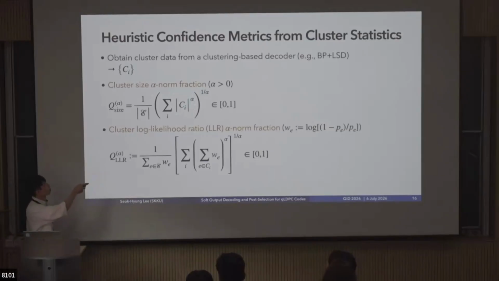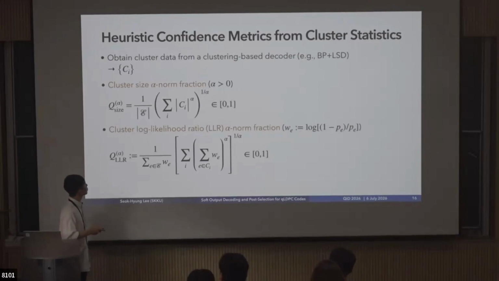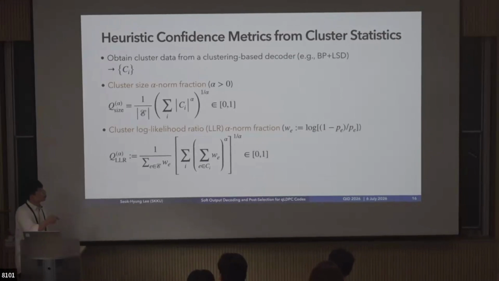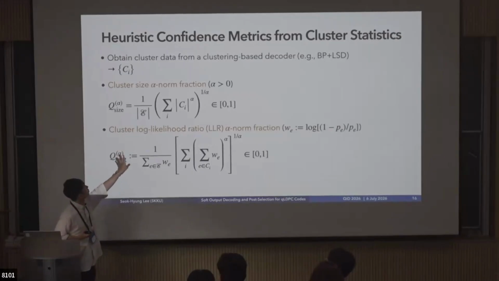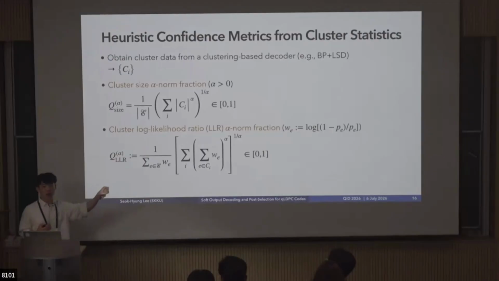This is just the size of each cluster, divided by the total number of error mechanisms, so it is between 0 and 1. If alpha is equal to 1, it is just the summation of the sizes of the clusters. And the cluster error alpha norm fraction is just a weighted version of that: the cluster size fraction weighted by the error probability of each error mechanism.